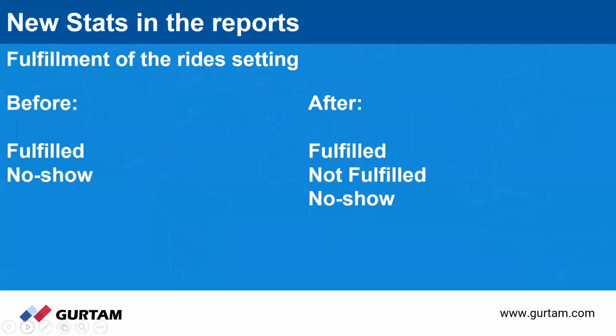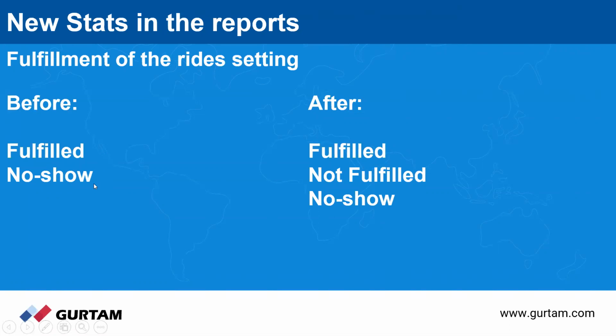The next statistics that we added are related to the status of the rides. This is in addition to our newly introduced feature, the fulfillment of the rides setting. I'd like to remind you that before, the rides had only two statuses, fulfilled and no-show. Fulfilled rides were considered to be rides where at least one stop was visited. That was not accurate. If one stop is visited, the ride cannot be considered fulfilled.